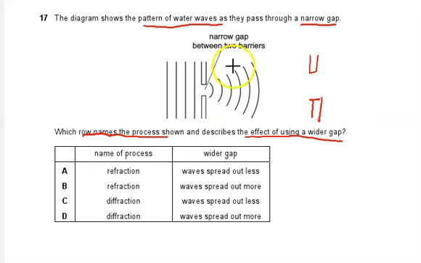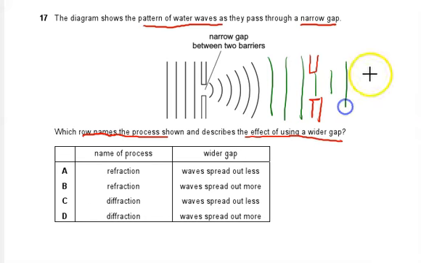You won't have the diffraction process, and the wave, let me draw here, this is the wave, and it will come out as the normal wave. So it will spread lesser. So it's diffraction and it spreads out lesser. C is your answer.